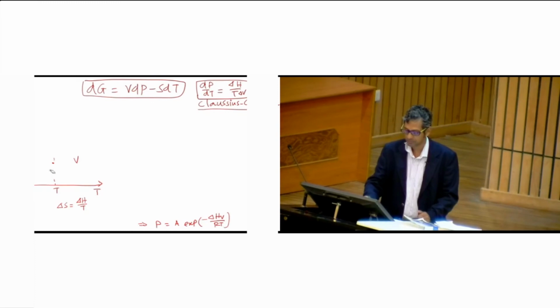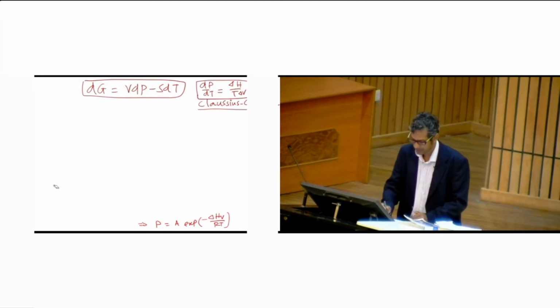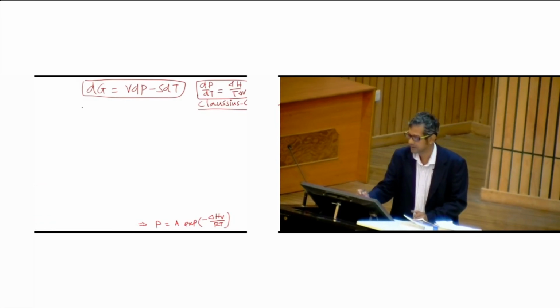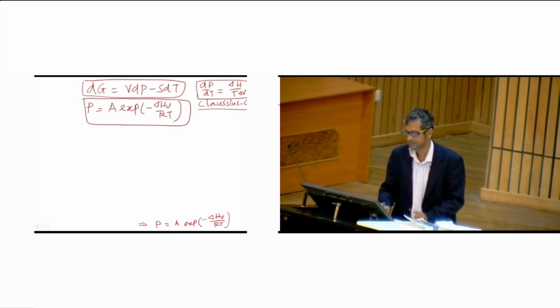For alloys, for the impure things, we have to use a different concept, that will come back later on. Let me just write this equation, P is equal to A, a constant, minus delta H V by R T. So, by these three things we can explain everything.